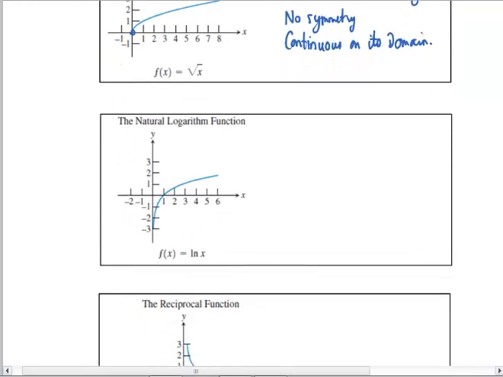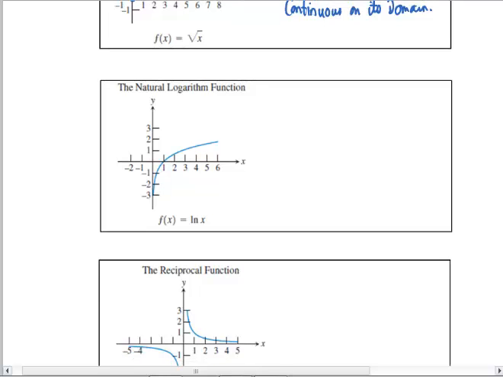Next function, the natural log function. We have an asymptote for this function at x equals 0. So you have a vertical asymptote. Okay, it's not bounded.